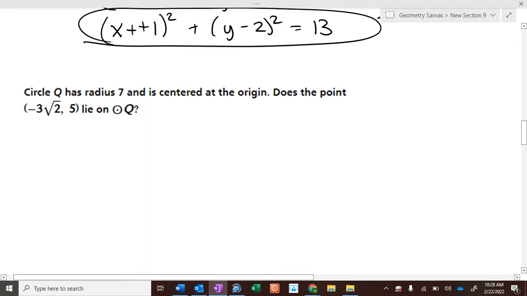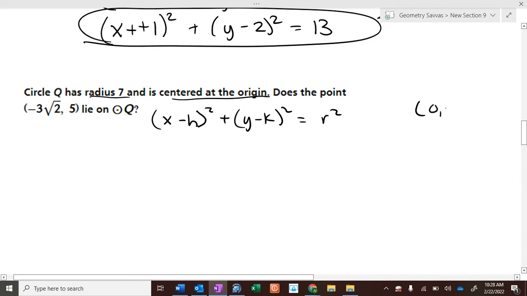All right. So a circle has a radius of 7 and it's centered at the origin. Does the point (negative 3 square root of 2, 5) lie on circle Q? Well, let's first come up with the circle formula. Remember, the circle formula is x minus h quantity squared plus y minus k quantity squared equals the radius squared. What is the ordered pair of the origin? Where is the origin? 0, 0.